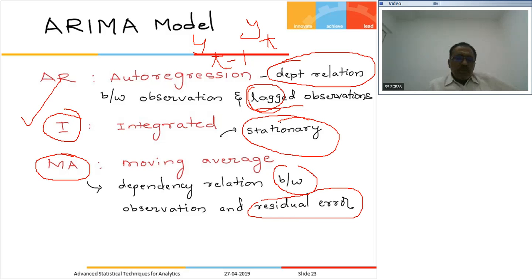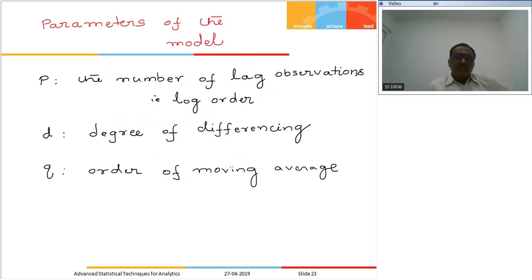So here the parameter is P, here the parameter is Q, here the parameter is D. That means how many times we have to difference so that we can make the series stationary. So the names: P, number of lag observations; D, degree of differencing; Q, the order of moving average.